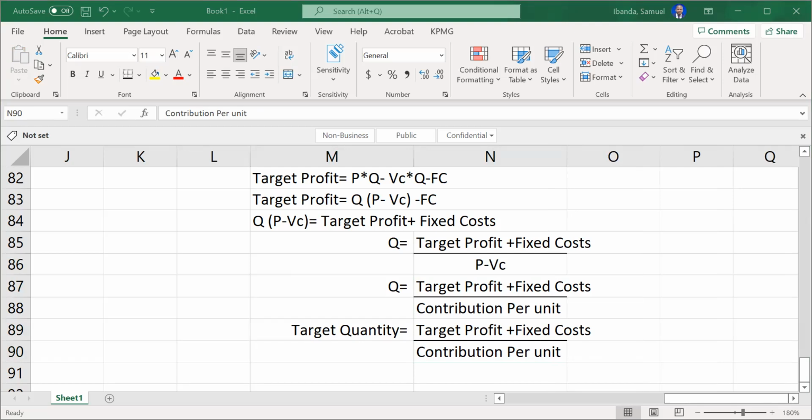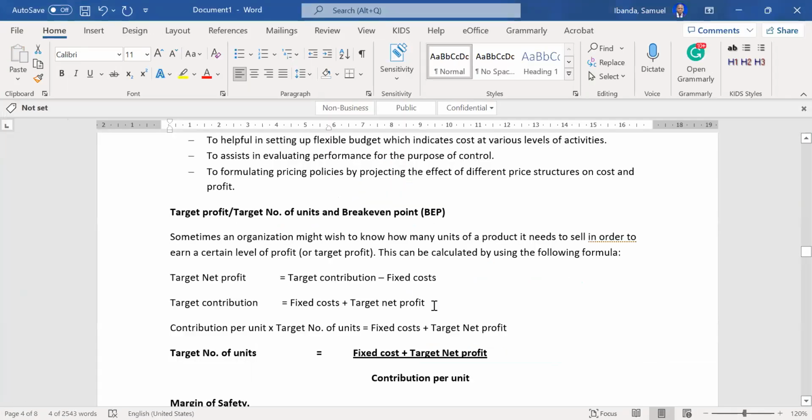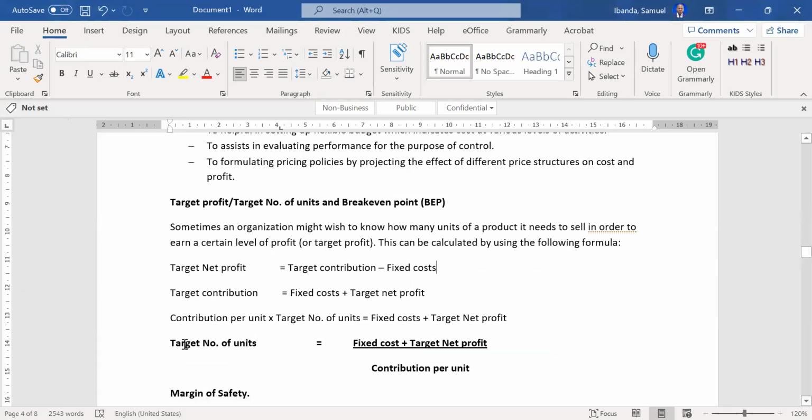So when you go to your notes, which I'll be giving you, you realize that your target number of units can actually be presented by fixed cost plus target net profit divided by contribution per unit. Okay, so that is what I basically wanted to demonstrate for you here.